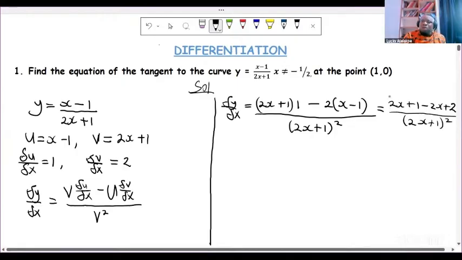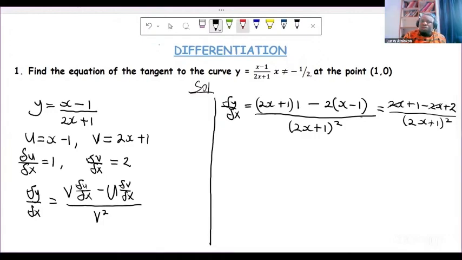So here, 2x cancels 2x, and I'm left with 1 plus 2, and 1 plus 2 is 3, over 2x plus 1 squared. So now, looking at this, that is our differentiation, dy/dx.